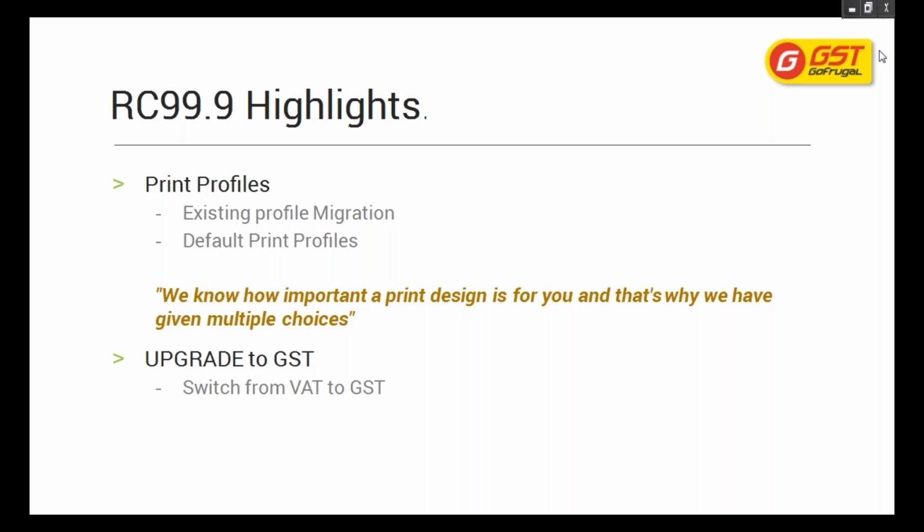In that case, we have also given default print profiles for all available sizes, such as A4, A5, 3-inch thermal, 4-inch thermal, 40 column dot matrix printer, 80 column dot matrix printer, and so on. So whatever the standard size of your paper and the printer you have, for all the designs we have default print profiles created by GoFrugal and provided to all the customers.